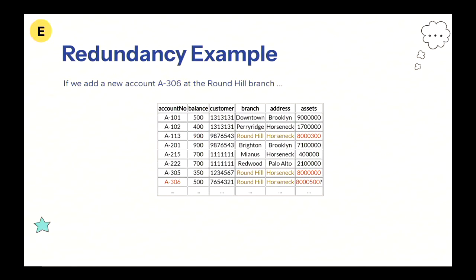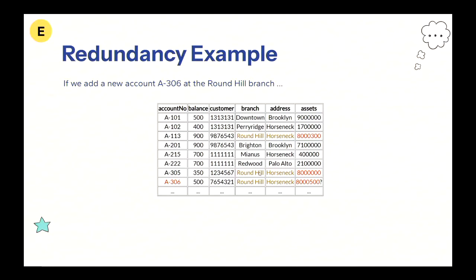And the second one is when we do insertion, it could also cause problems. For example, let's say we create another account called A306, and this account has a balance of 500.